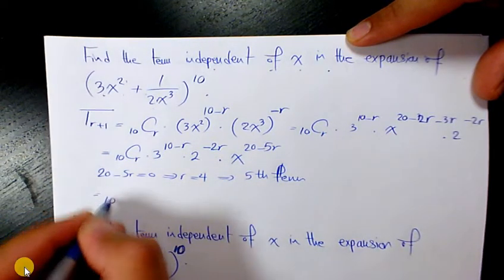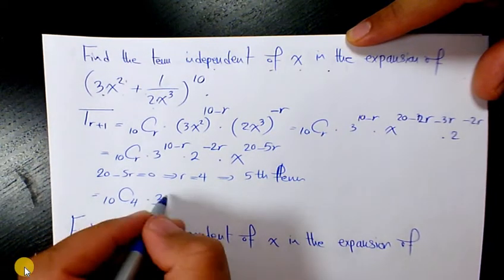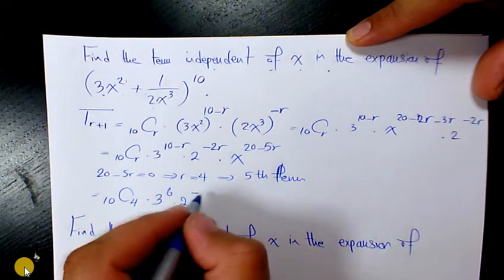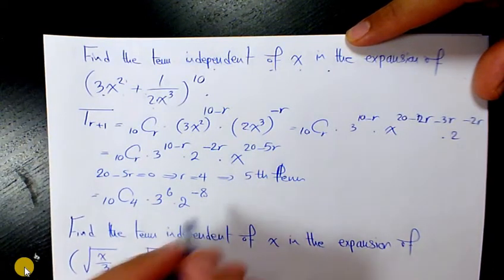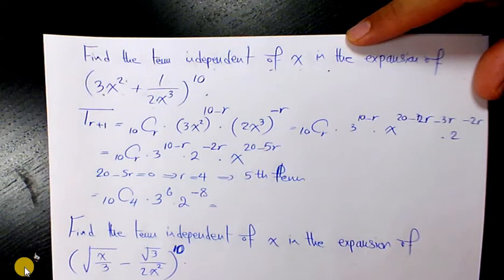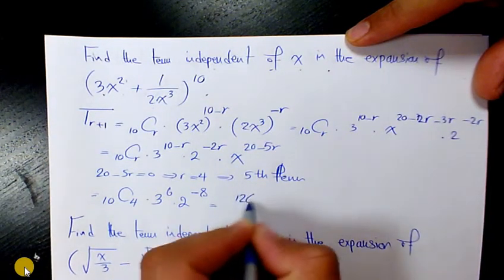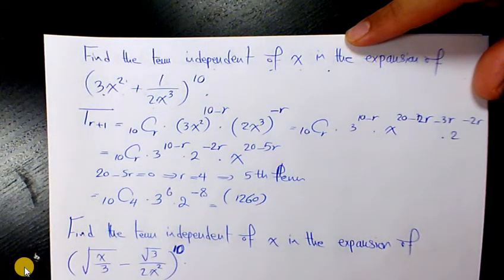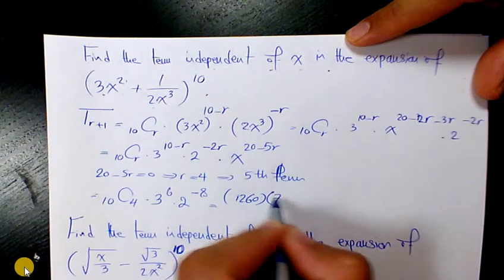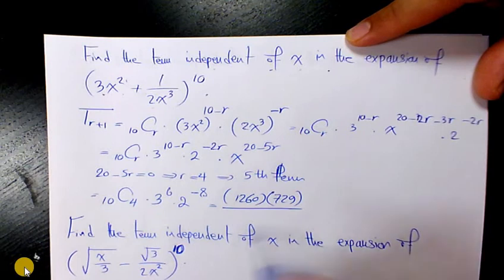So that's 10C4 times 3 to the power of 6, 2 to the power of negative 4, which is going to be 210 times 3 to the power of 6, which is 729, divided by 2 to the power of 4, which is 16.